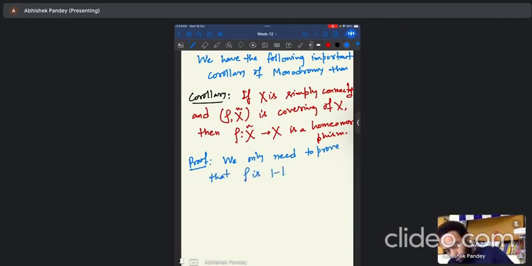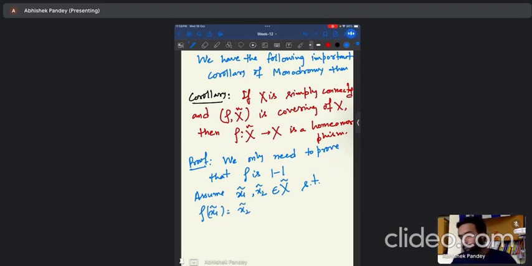So for this one, assume x1 tilde comma x2 tilde belongs to x tilde such that rho of x1 tilde is equal to rho of x2 tilde.